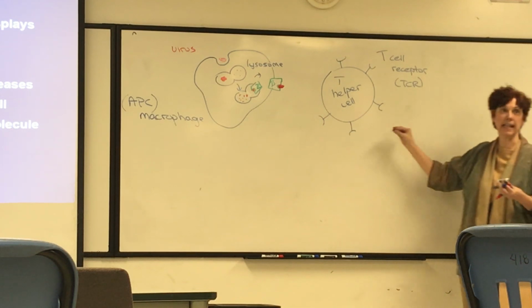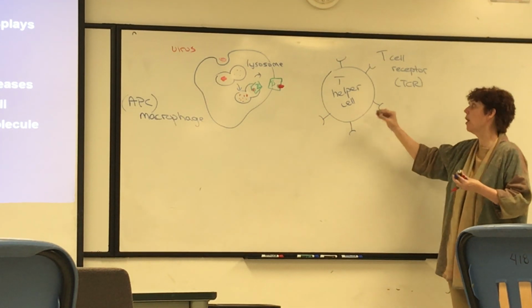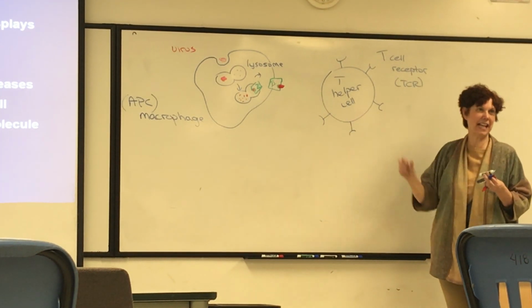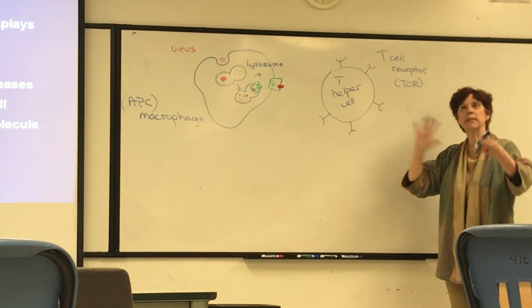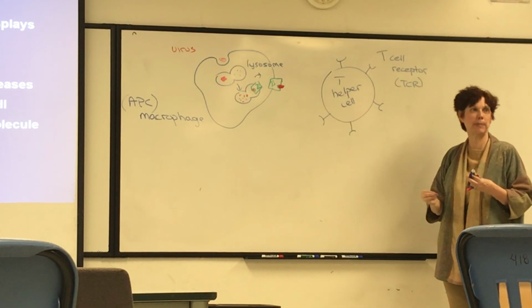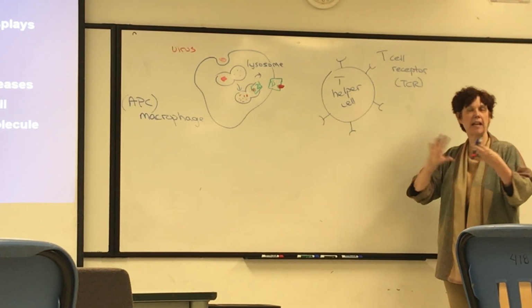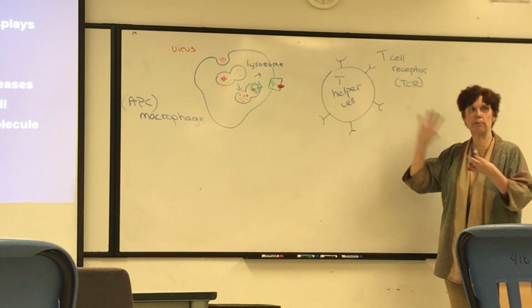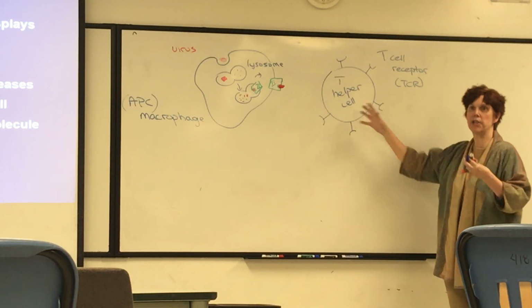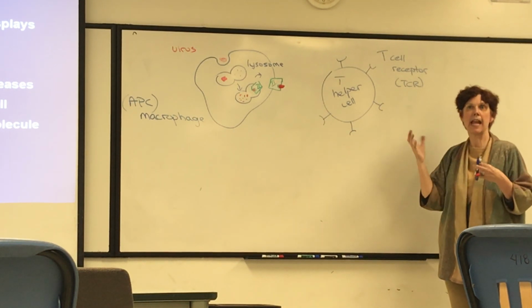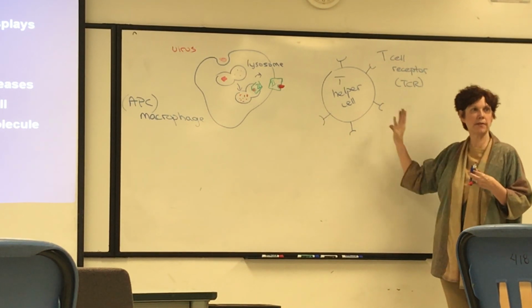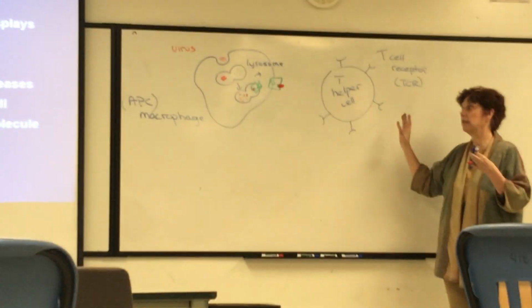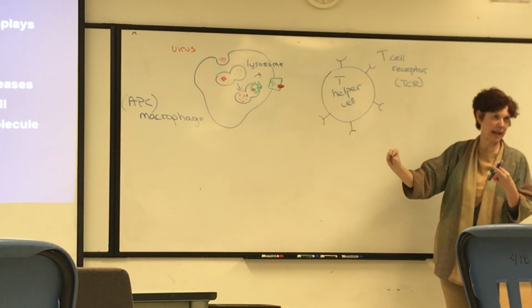And they are unique. So another T helper cell will have another unique set of receptors. And these are randomly determined when the cell replicates, and there's a variation in the genetic expression. So we get random expressions of the genes for these T cell receptors, but all the T cell receptors on the surface of a particular T helper cell are going to recognize the same antigen.